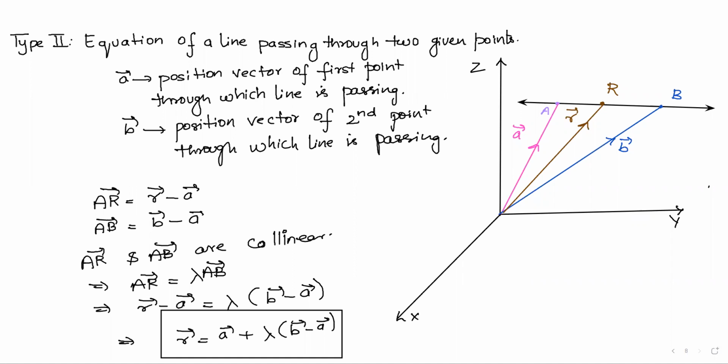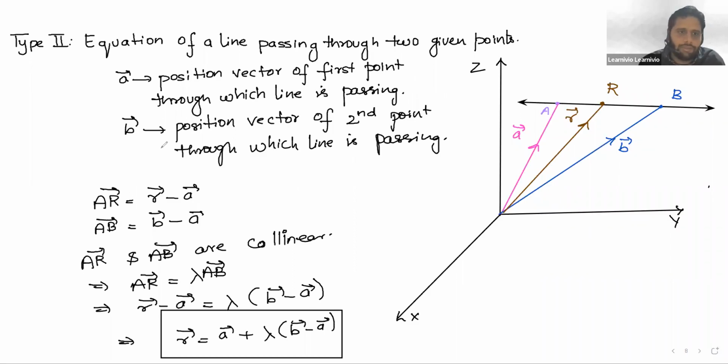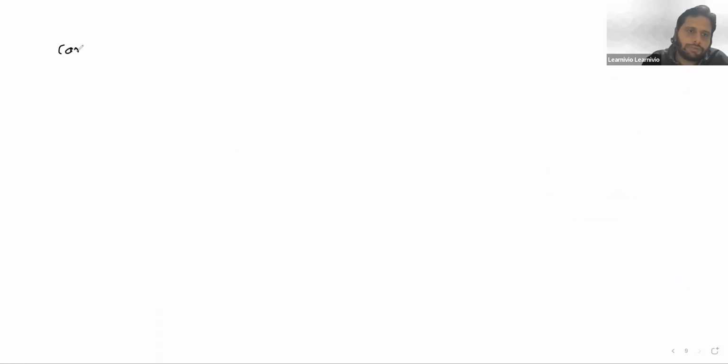Now we will change this into Cartesian form. This was a vector form, please write this. Next is Cartesian form. So what's the Cartesian form?